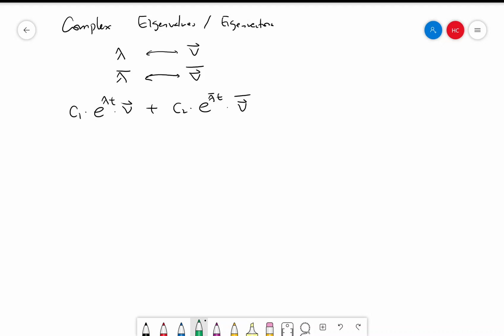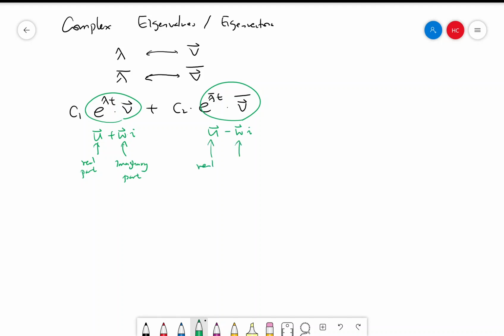Now, if we simplify everything, after all the algebra, this is a complex vector, so it has the real part u and the imaginary part, w times i. Then the conjugate of that is going to be u minus w times i, still real part and imaginary part.